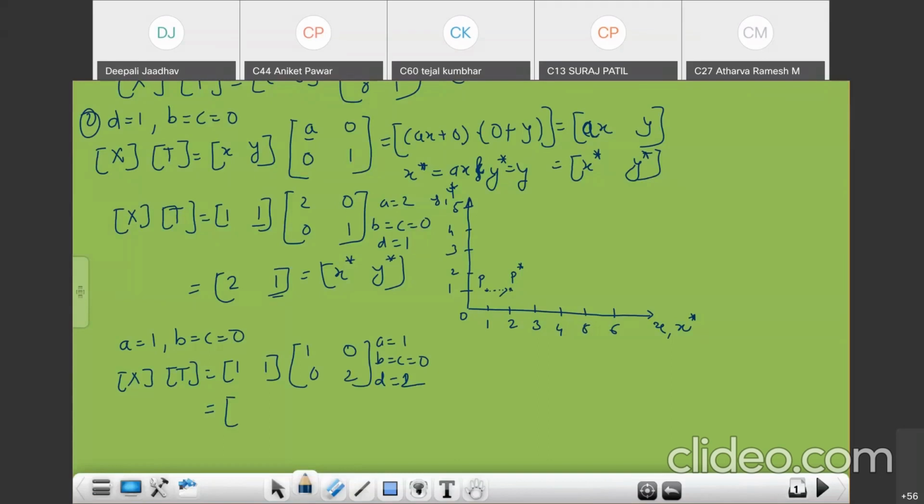X remains as it is, correct, and only the y coordinate changes. What is it? 1 and 2. So that is our new point. You can observe it is transformed only in the y direction. Why? Because here a is equal to 1 and d has some value, so only the y coordinate changes. And in the earlier case, as a has some value, only the x coordinate changes. That is the second case.